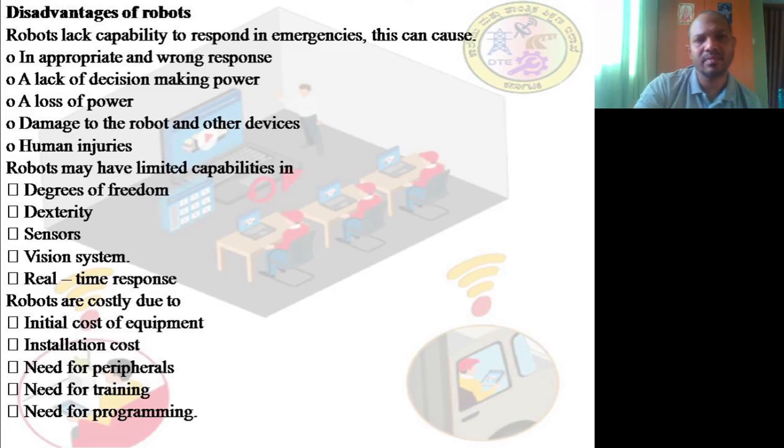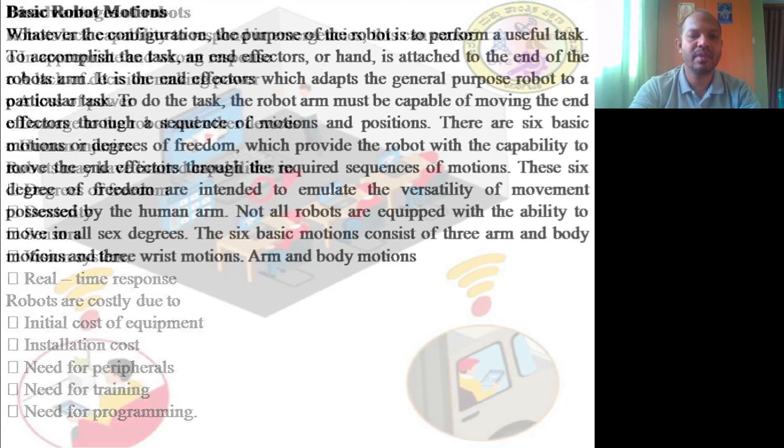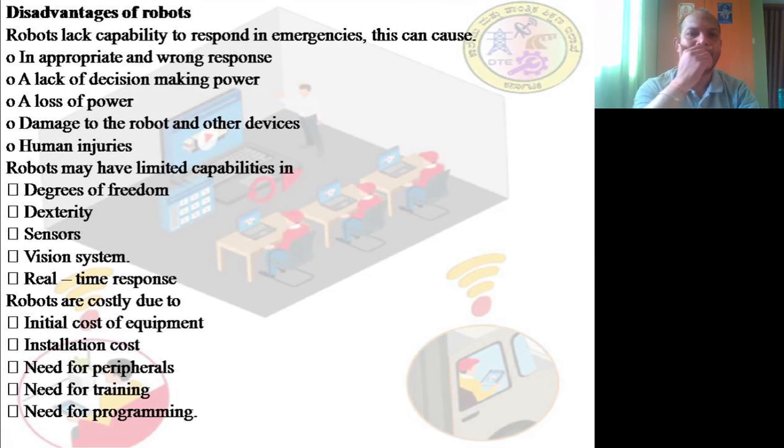Disadvantages of robots. Robots lack the capability to respond in emergencies. This can cause inappropriate and wrong responses, a lack of decision making power, a loss of power, damage to the robot and other devices, and human injuries may occur.